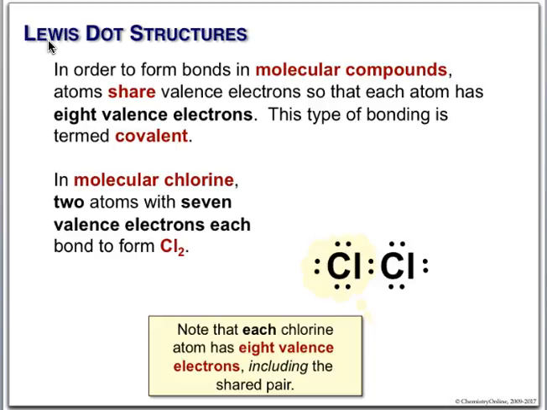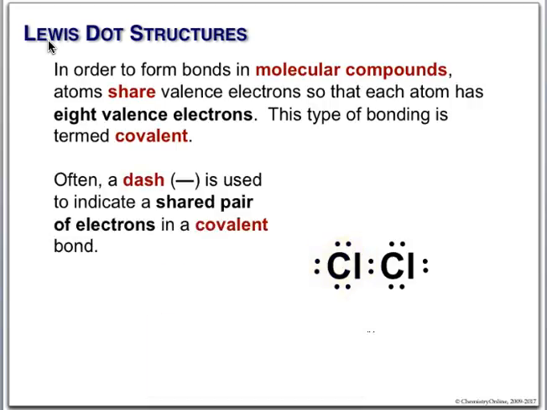By bonding this way in what's called a covalent bond, each chlorine atom enjoys an octet of electrons. Now, when you draw this, chemists get really tired of drawing little dots.